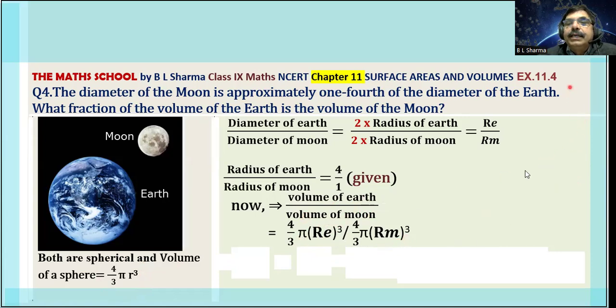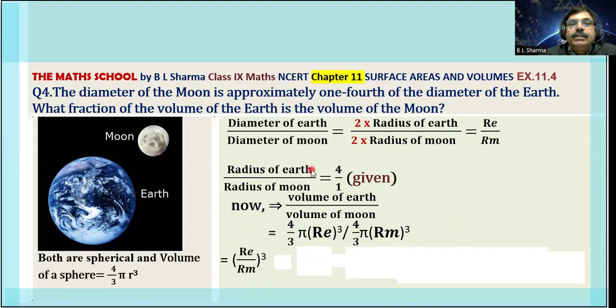Here you will see that 4/3 pi and 4/3 pi cancel out. So what is left here? Radius of earth to radius of moon, whole power 3.